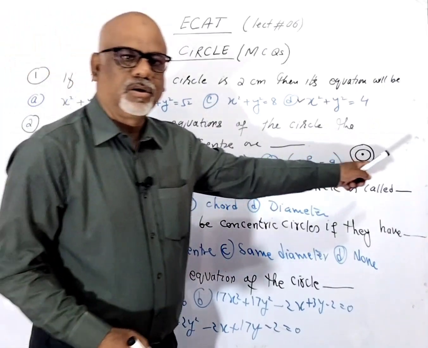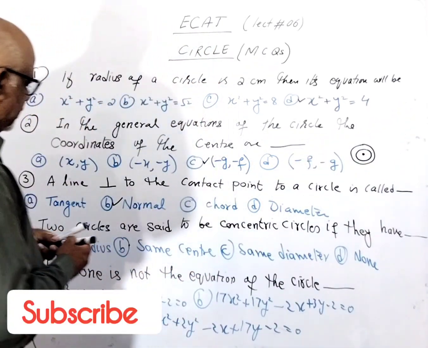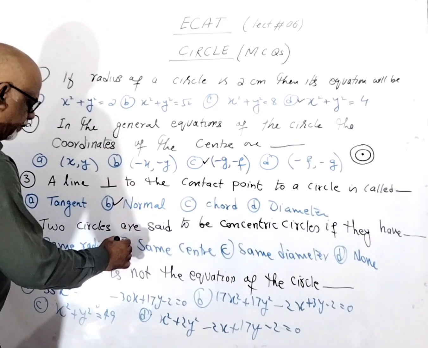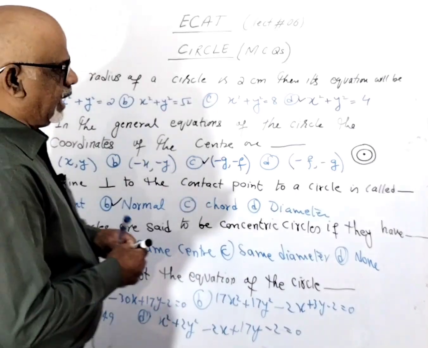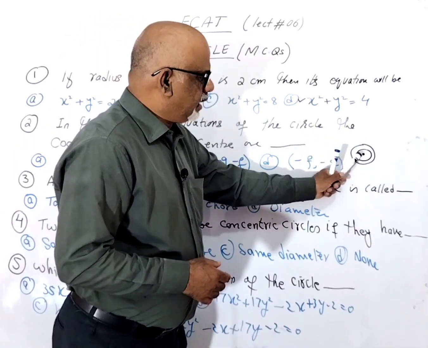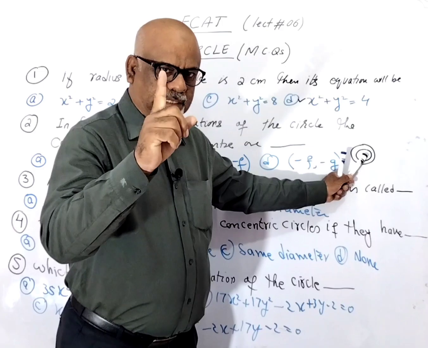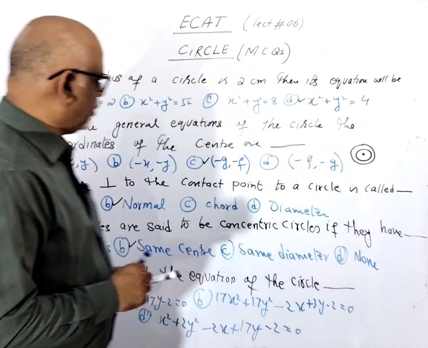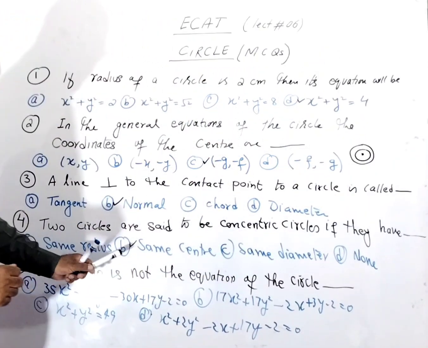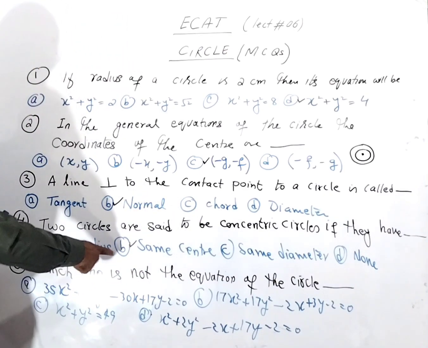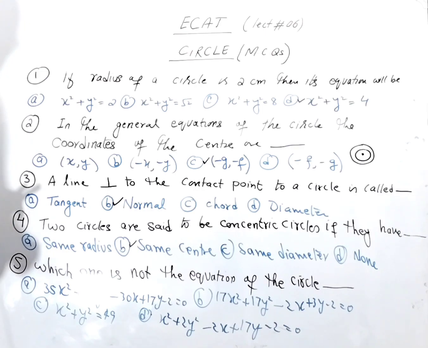They are called concentric circles. Two circles with one same center are called concentric. So the B option is correct for the fourth MCQ.